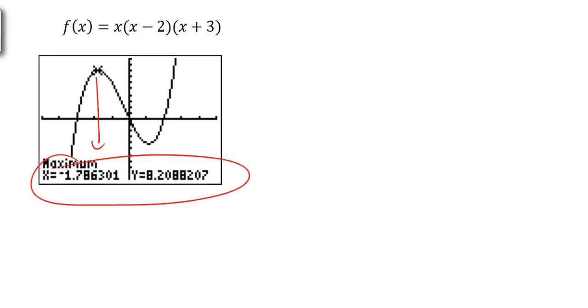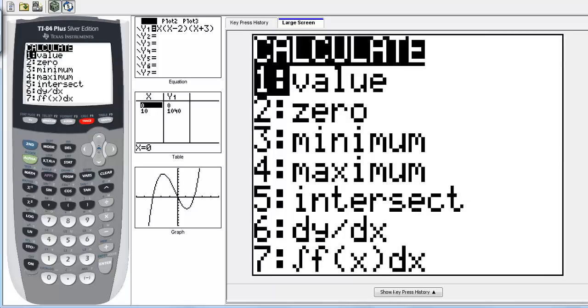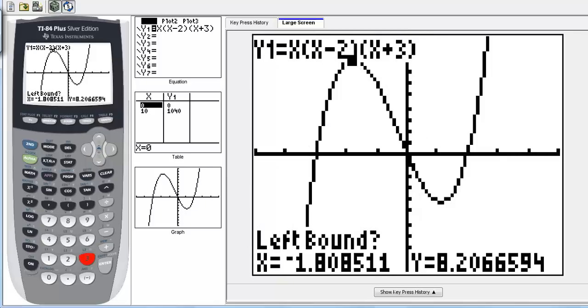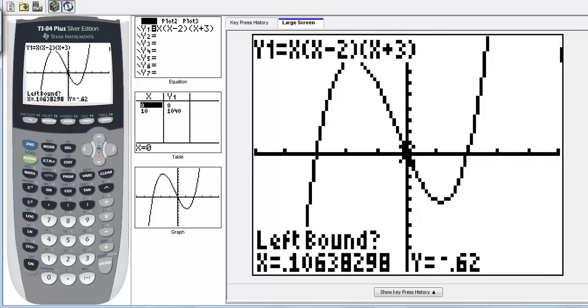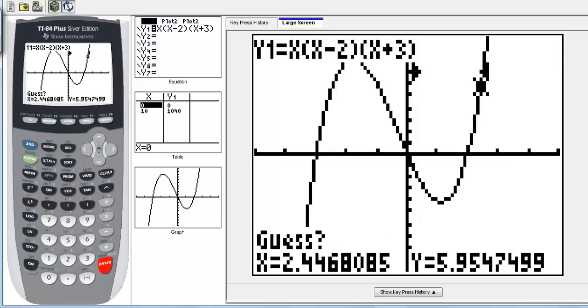Okay, and then if we go back, we can look at finding our relative minimum. So this time we would go to second and trace, and we would select number 3 for minimum. And we have to go over again and set your left and right bound. So if we go down here, there's my left bound, move over to the right. There's our right bound. And then we want to guess.